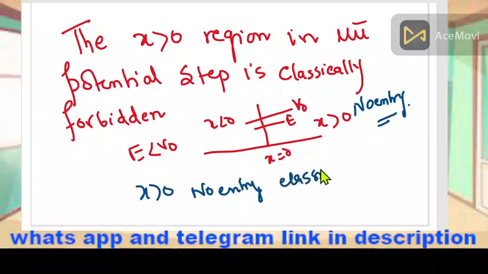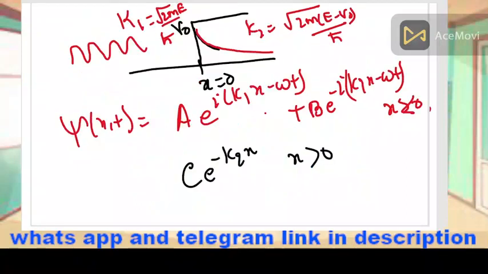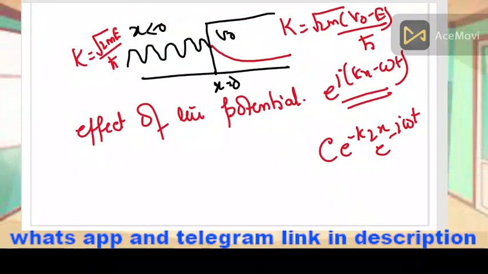But we are interested in observing the quantum mechanical results, so let us see what happens in the quantum mechanical situation. We had solved some steps, and reached the conclusion that at x less than 0, the particle is coming from the left hand side towards the potential step and will be reflected back.